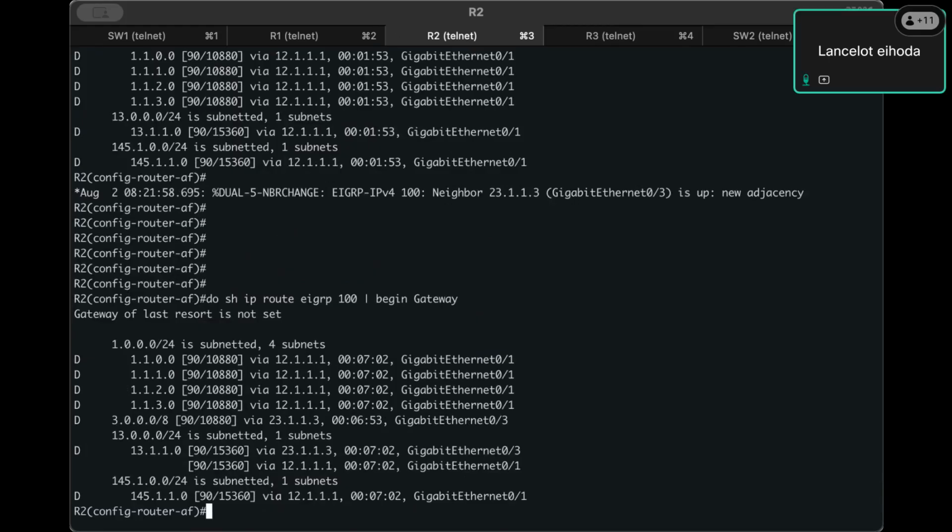Now, if you look at the .13 network, which is the network between routers 1 and 3, you can see the 13 network through gig0/3, which is its local interface, because it's close, I think.